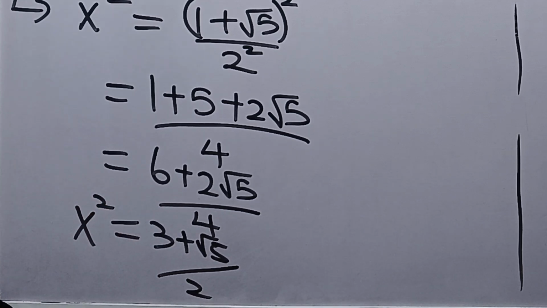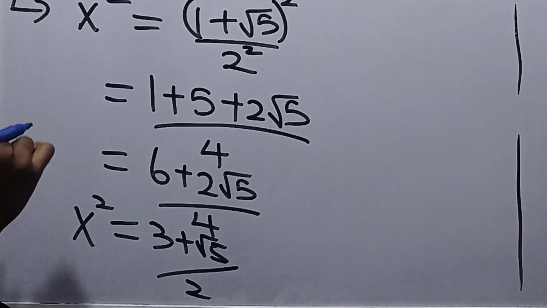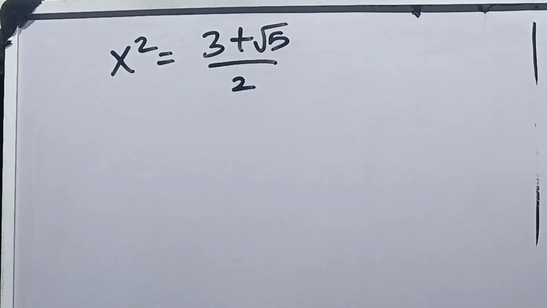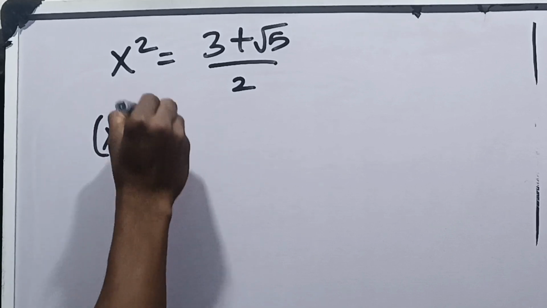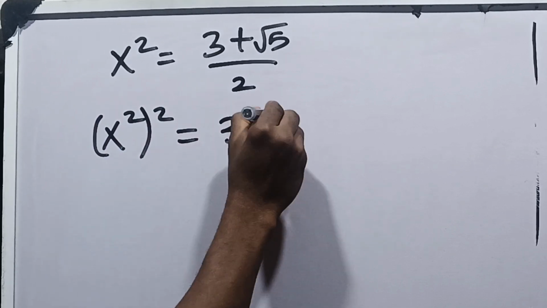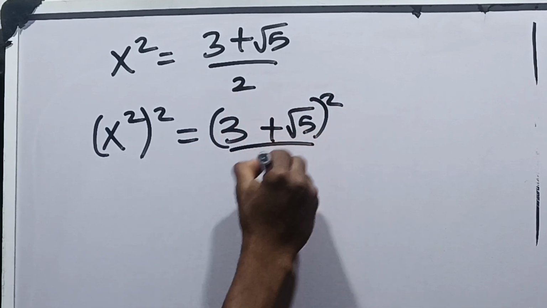Now the next thing we should do is to find the square of x squared and then the cube of our answer. Moving on from here, we have that our x squared is equal to 3 plus root 5 all squared, divided by 2 squared.